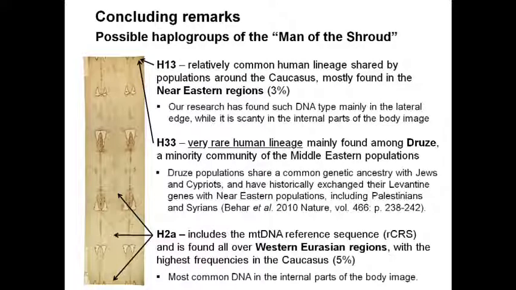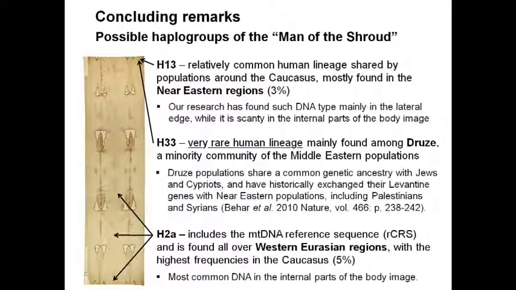Our research has found such DNA type mainly in the lateral edge of the Shroud, while it is scanty in the internal parts of the body image. The second most abundant haplogroup is H33, which is a very rare human lineage. As I was mentioning, it is found among the Druze community.